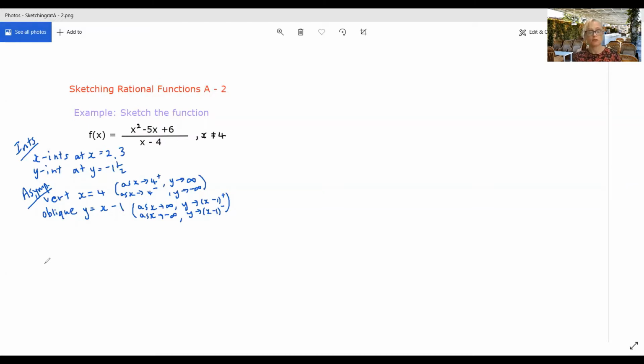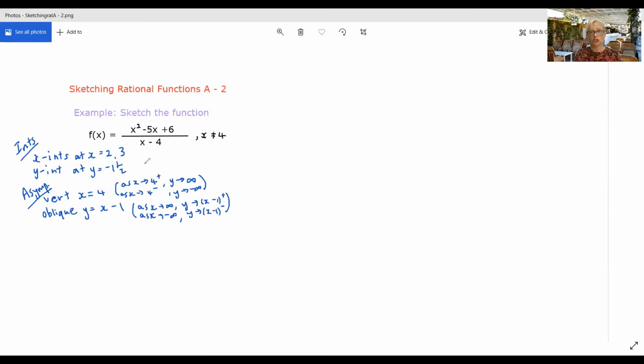Just to remind you, we found that we had a vertical asymptote at x equals 4. There were two criteria that we needed to satisfy in order for that to actually be an asymptote. Certainly, we needed to know that the function was not defined for x equals 4, which clearly it isn't, because if x is 4, then the denominator would be 0.